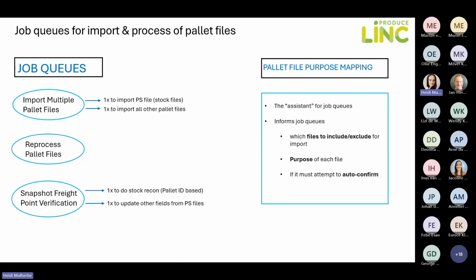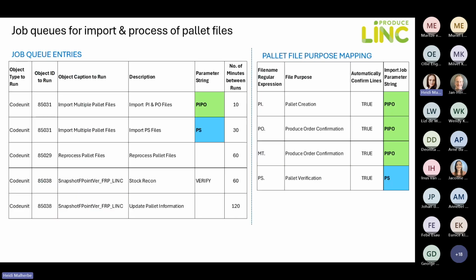Okay, let's have a more detailed look at what those job queue entries and pallet file purpose mapping would look like. Now, this is an example of what that setup will be. It doesn't mean yours and your system would have to look exactly like that, especially when we talk about the number of minutes between runs. That's a little bit of trial and error sometimes.